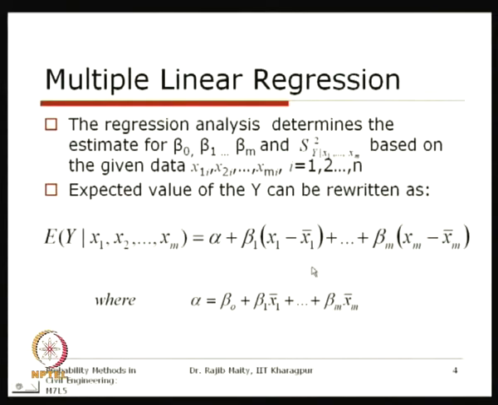So, now again we will use the same principle that we used in the simple linear regression. There, as I was telling, we are fitting a straight line and we are trying to minimize the error, and that error means the error between the modeled target variable and the observed one.